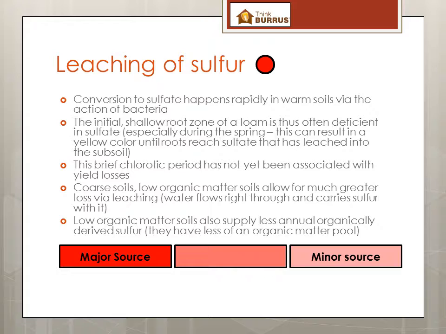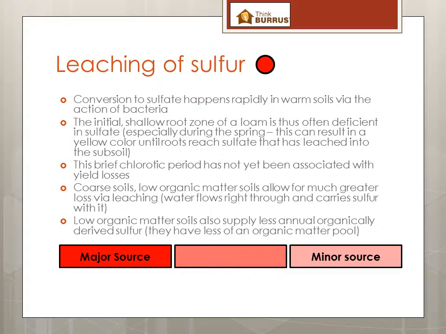Why do they tend to be the places that if we're going to see some kind of brief sulfur deficiency, it happens there? We've really answered that by talking about this sulfate topic. Sulfur is rapidly converted over to sulfate, which is negatively charged. And we said that negatively charged particles aren't held very well by the soil.